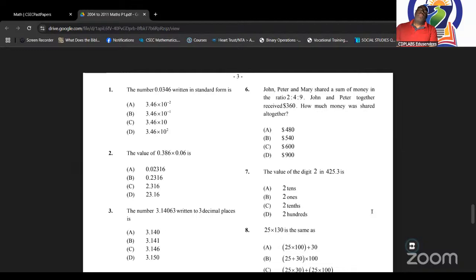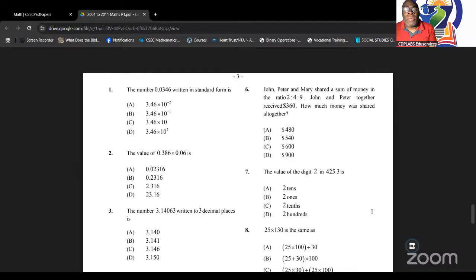Good. So they ask you to write this number in standard form. It is important to notice that this number is already less than 1, but greater than 0. When the number is less than 1, you're going to have a negative exponent, a negative index number, negative indices.